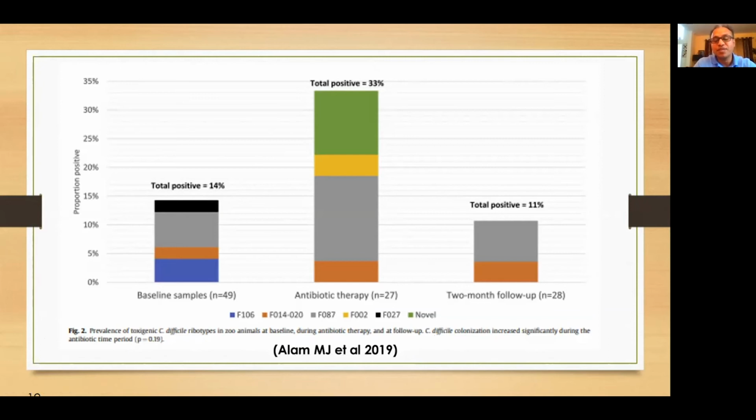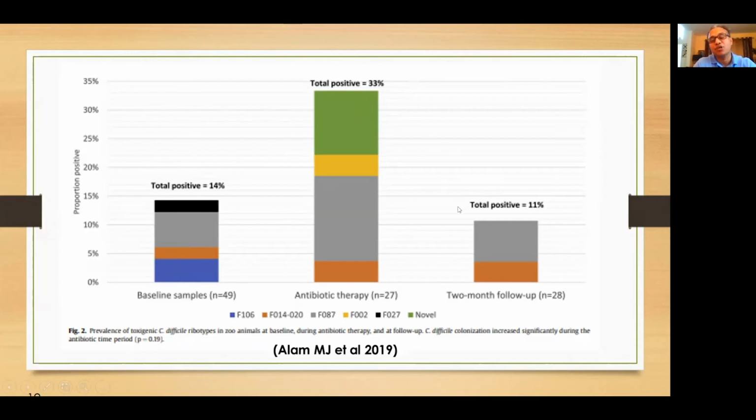So Clostridium difficile colonization increased significantly during the antibiotic time period. Here you can see the various ribotypes, and at the baseline, there are 14% samples positive for Clostridium difficile. And during antibiotic treatment, the colonization increased up to 33%.